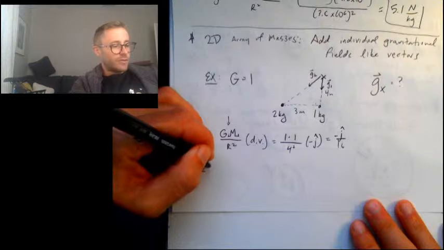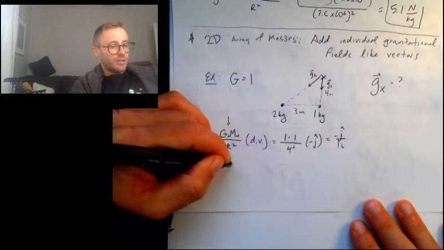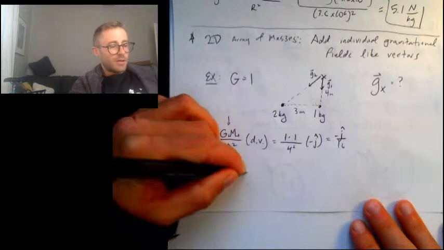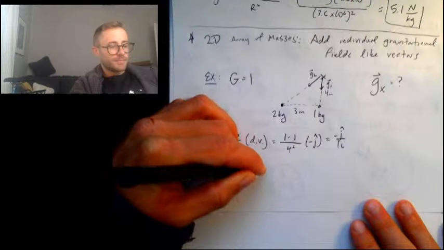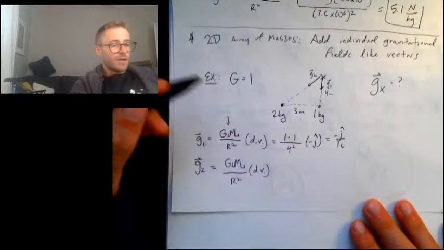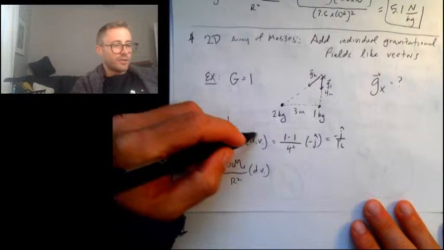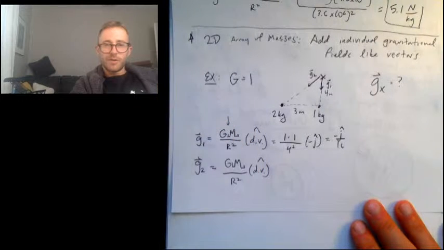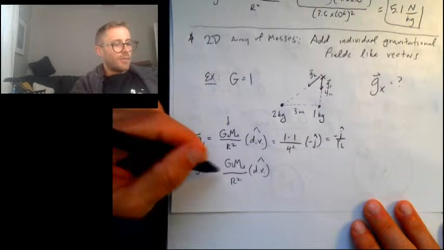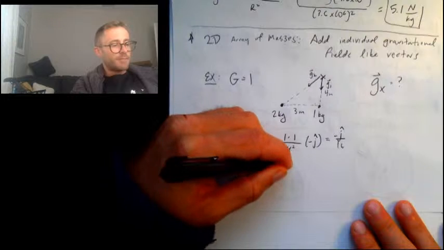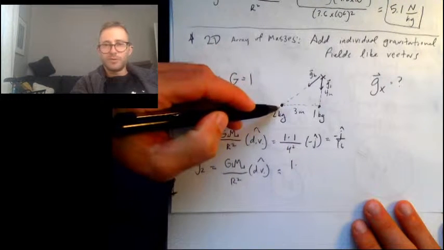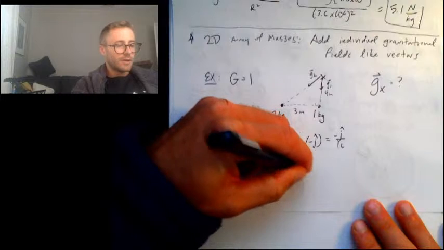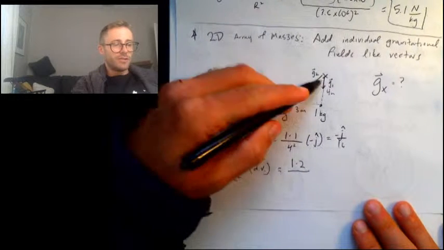In this case, we have big G times big M over r squared times a direction vector. And the direction vector is a unit vector, of course. Big G is 1. The mass creating the second gravitational field is 2 kilograms, divided by the distance squared.